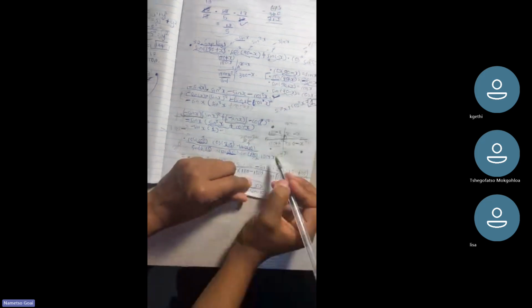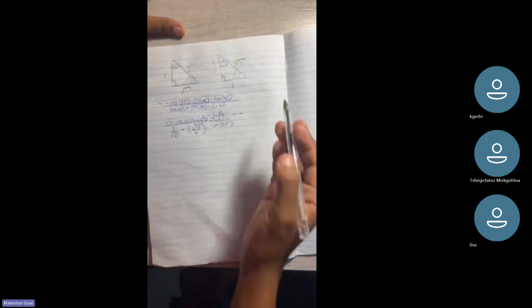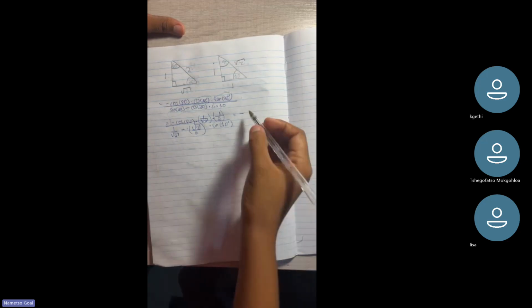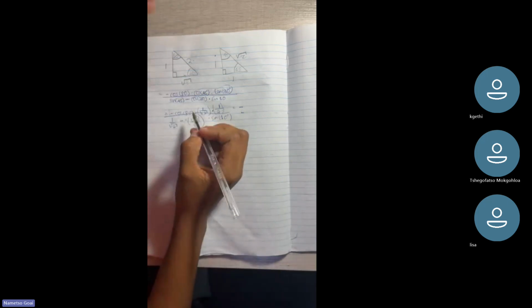Sorry, I thought it was 180 plus. It's not. It's 180 minus, and sine is positive there. So the sign here is a negative, and the sign in the denominator is also going to be a negative.